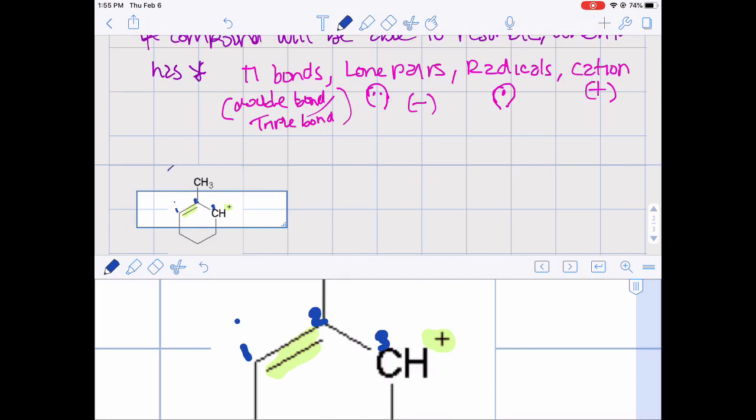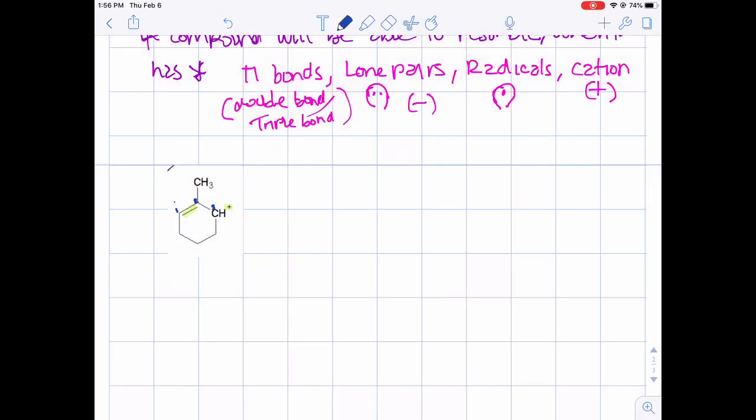You can see that the pi bond is between carbon 1 and 2, and the positive charge is on carbon 3, and they are adjacent to each other. They are one carbon away from each other. So yes, this does meet the criteria for conjugation.